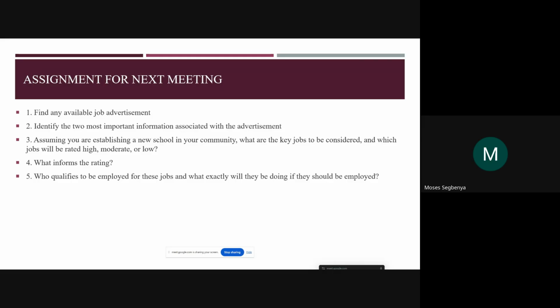Which of these jobs are you going to rate higher than the others, and why? What is the basis? What gives you the confidence that this job should be rated higher than this? Why is it so? And then I also asked you to tell me who qualifies to be employed into these jobs, and what exactly they would be doing if employed.